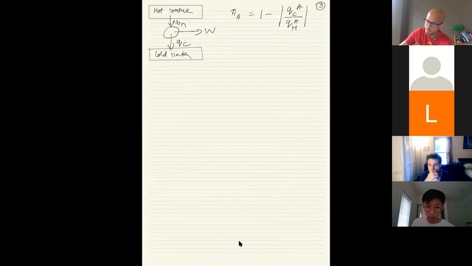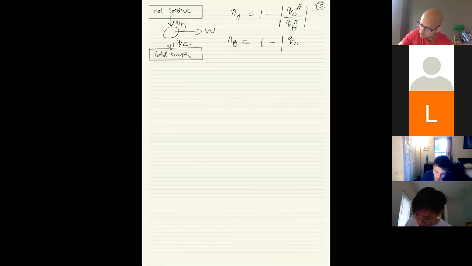Now we have just put in A because this number is going to be different for engine A than for engine B. So we have put in QCA and QHA. And for eta B, it is going to be 1 minus QCB by QHB.